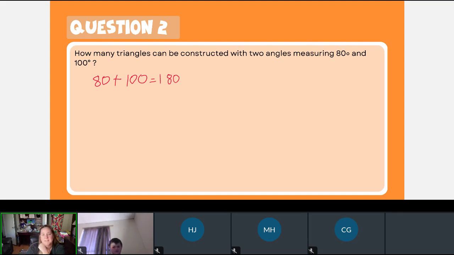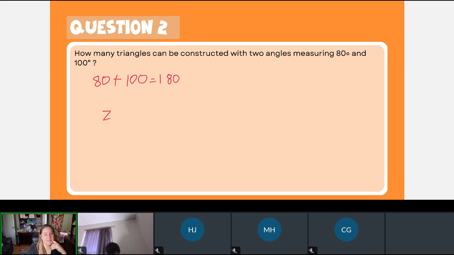So by that alone, we should know we cannot make any triangles if they have 2 angles that measure 180 degrees, because a triangle has to have 3 angles that measure 180 degrees. And those 2 angles have already taken up all of those degrees. So we cannot make any.